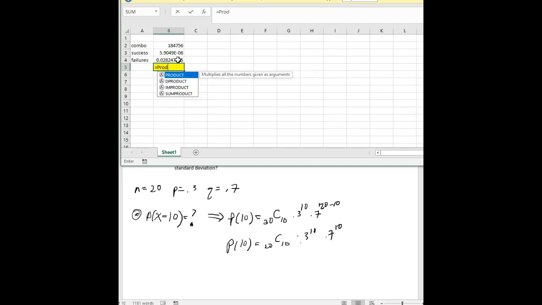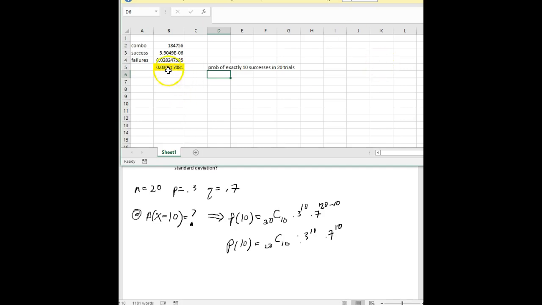So we'd say product of these three cells is that. So this is our probability of exactly 10 successes in 20 trials for this specific problem. And when I say for this specific problem, I mean specifically our probability of success being 0.3.